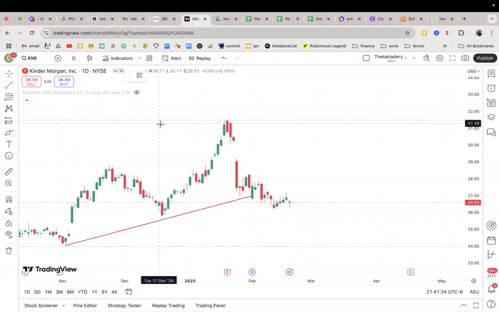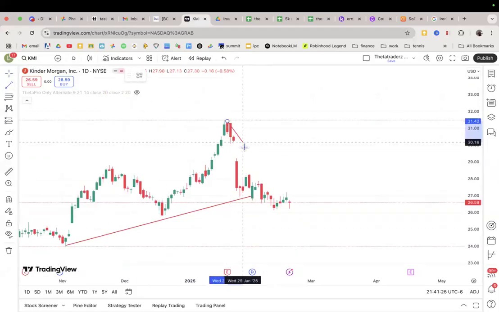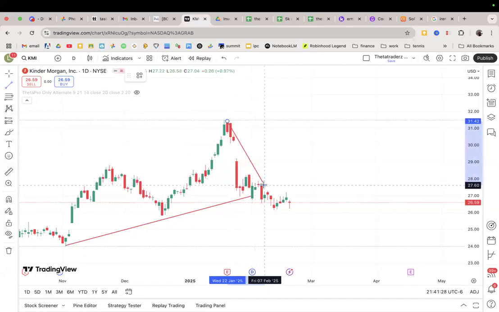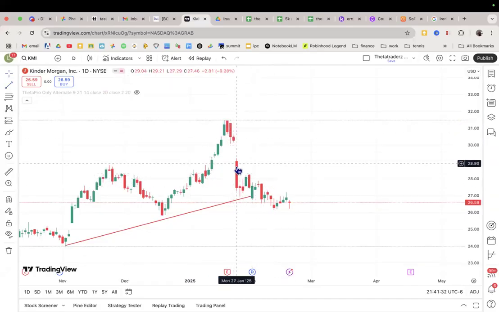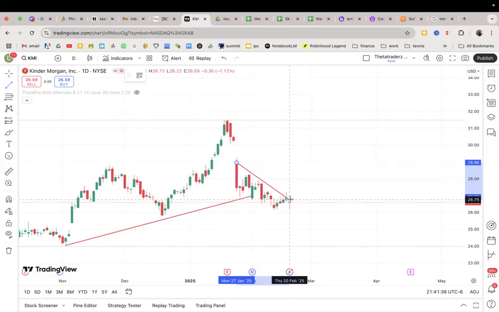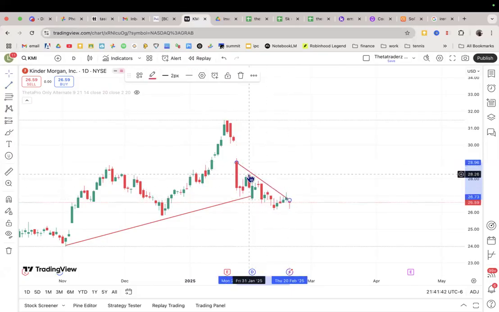I gotta do it all. So it's the high here, down there. It doesn't really work well. So I'd go from where it dropped. So like here, you can see that there's multiple touch points on these candles. Here, around there, and here.